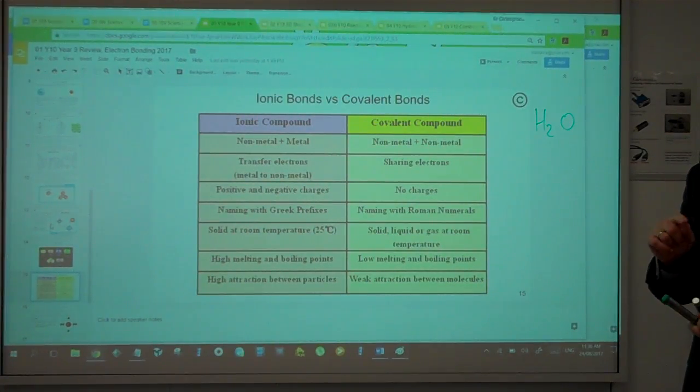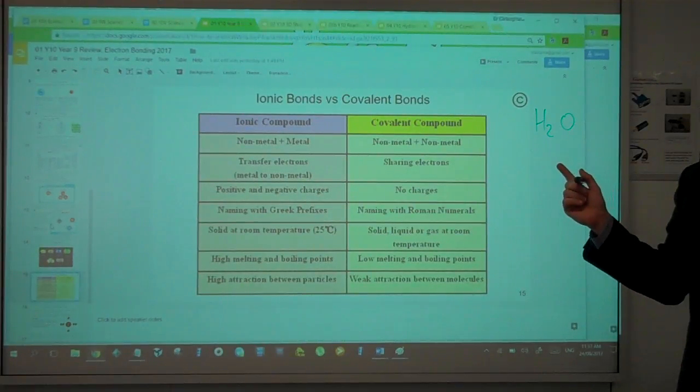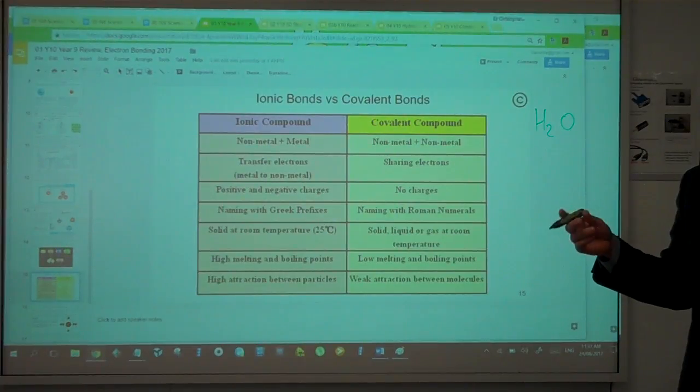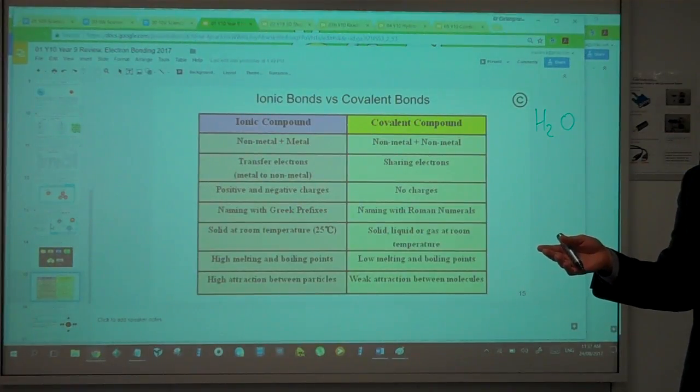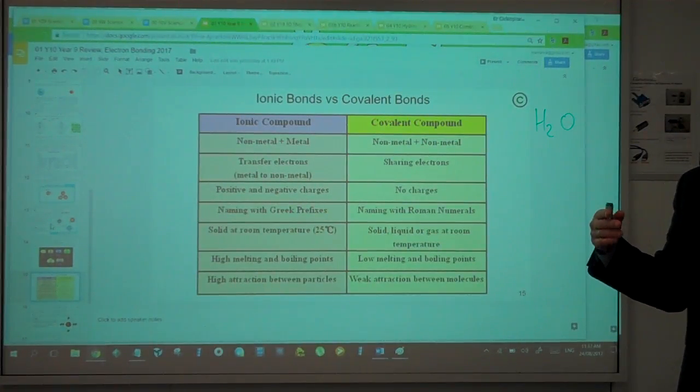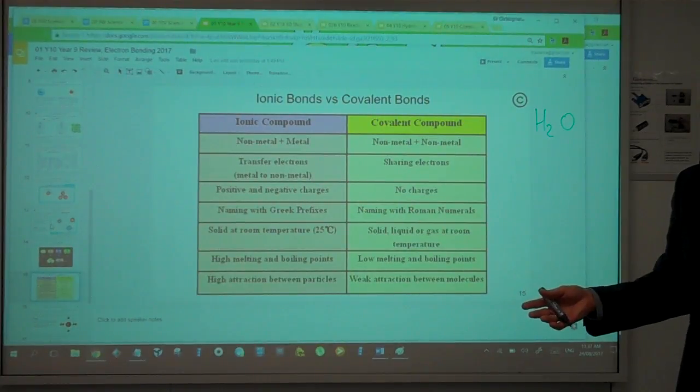And you should already know this. What group is oxygen in? 6. How many valence electrons if you're in group 6? 6.